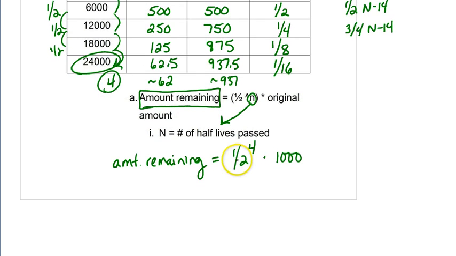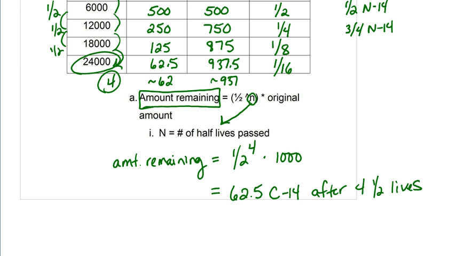So what I could do is take 1/2 to the 4th multiplied by 1,000, and you should end up with something very close to 62.5. So that tells me how I can mathematically calculate, rather than going through trial and error, how much is remaining of my carbon-14 after 4 half-lives.